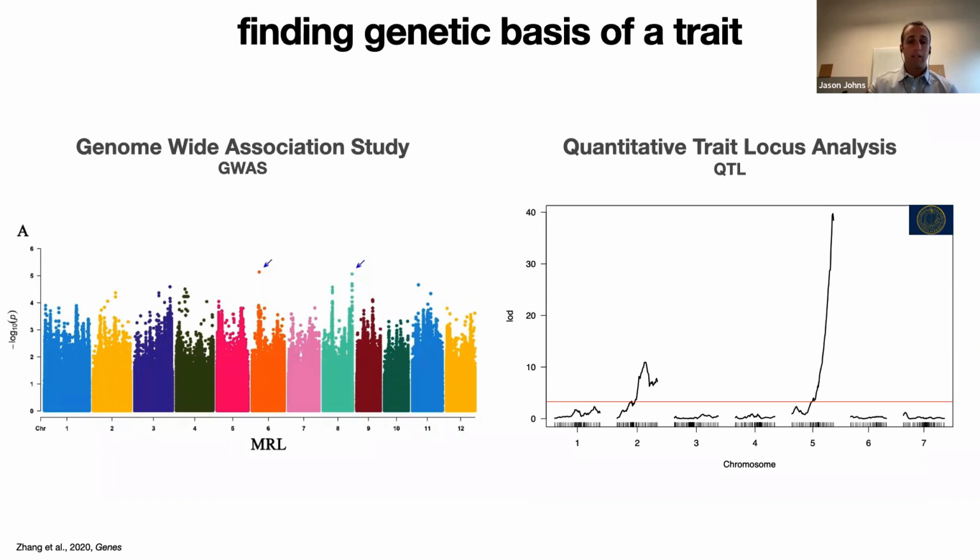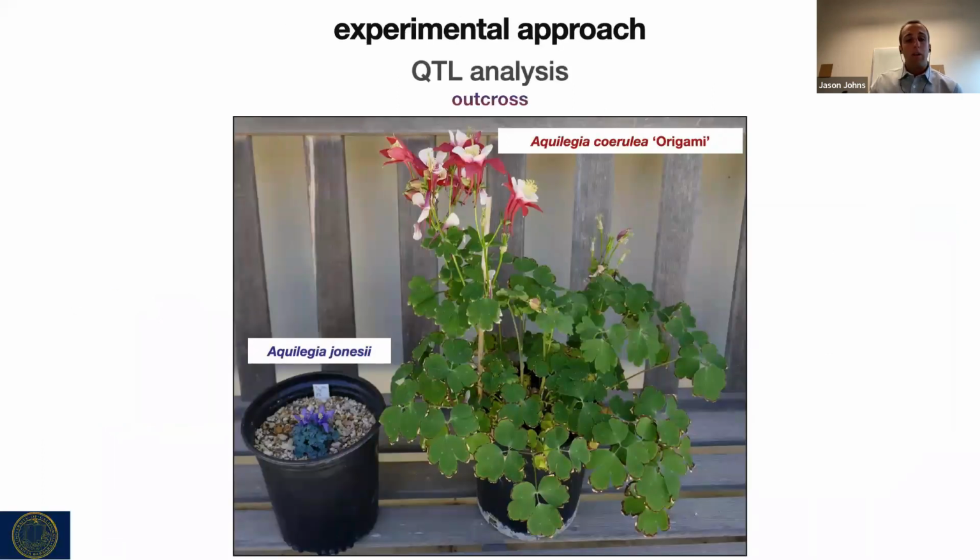In columbines, we have the ability to do crosses, but we don't have the benefit of a deep repository of genome sequence like we do in Arabidopsis or humans, say. So we chose to do a crossing experiment with QTL analysis. And so in our crossing experiment, we crossed the species with our traits of interest, Aquilegia jonesii, to a non-alpine species that does not have these traits.